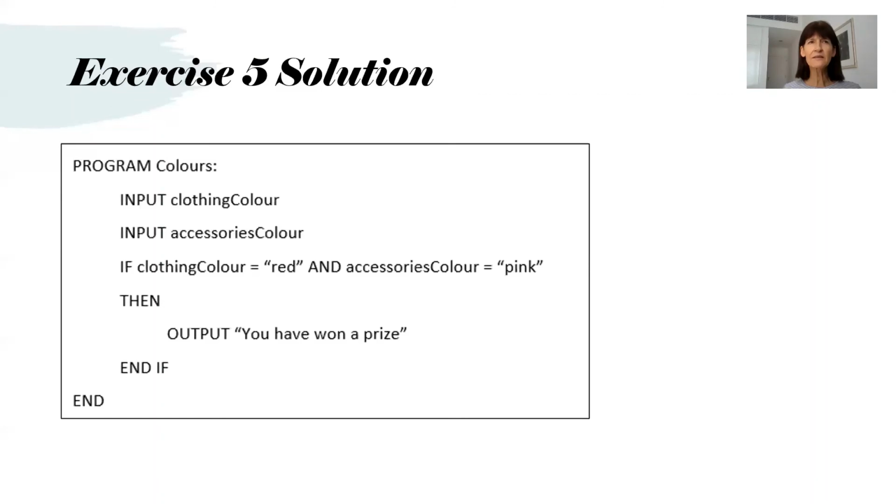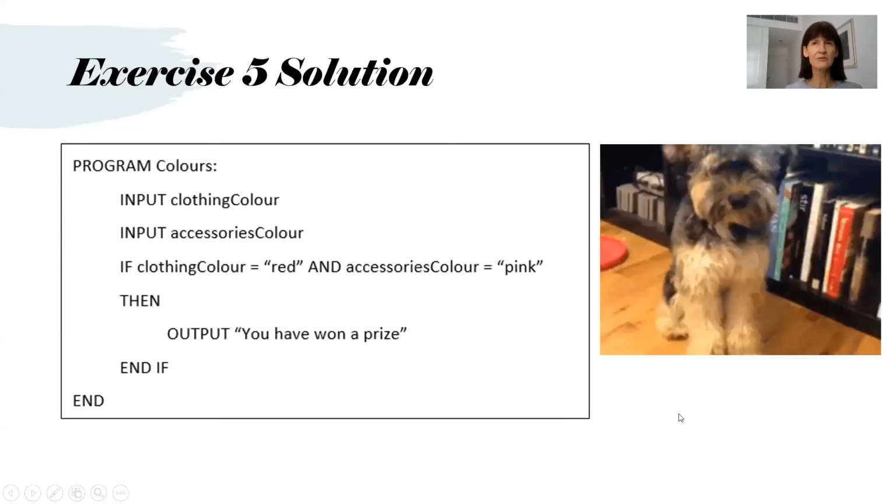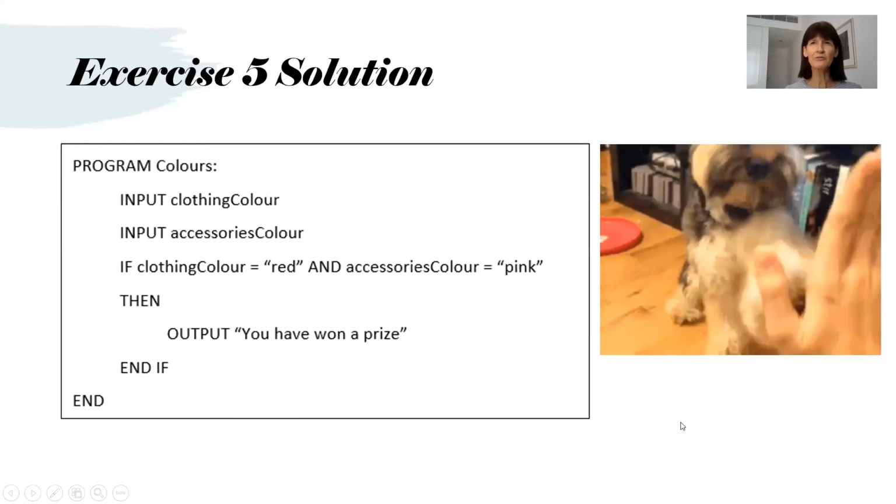Note that in this if statement, I do not have an else condition. And that is because else is optional. You do not always have to have an else. So this example shows you an if statement with no else. And well done if you got that right.